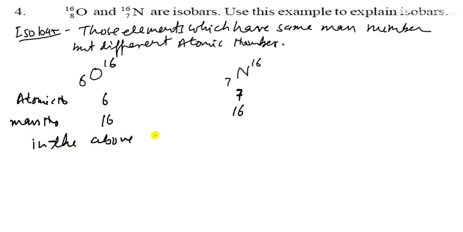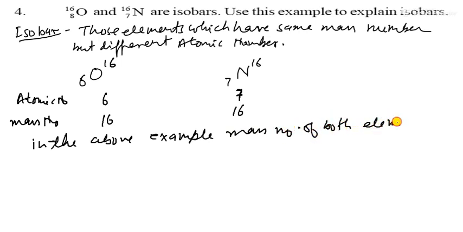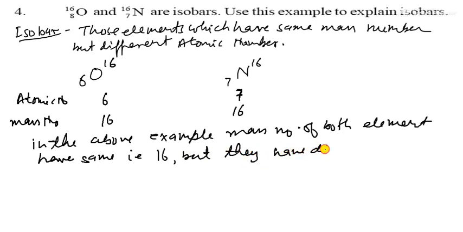In the above example, the mass numbers of both elements are the same, that is 16, but they have different atomic numbers, that is 8 and 7.